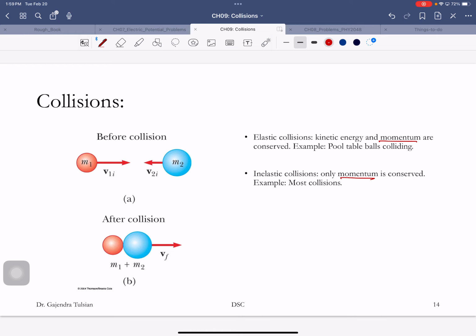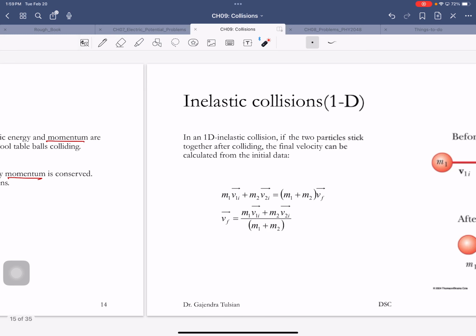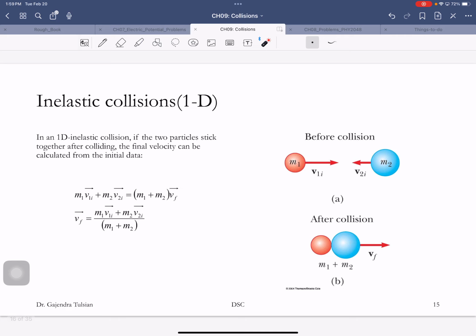The sum of the momenta of the two objects before the collision is equal to the momentum after the collision. This is the momentum of particle 1 initially, and the momentum of particle 2 before the collision.